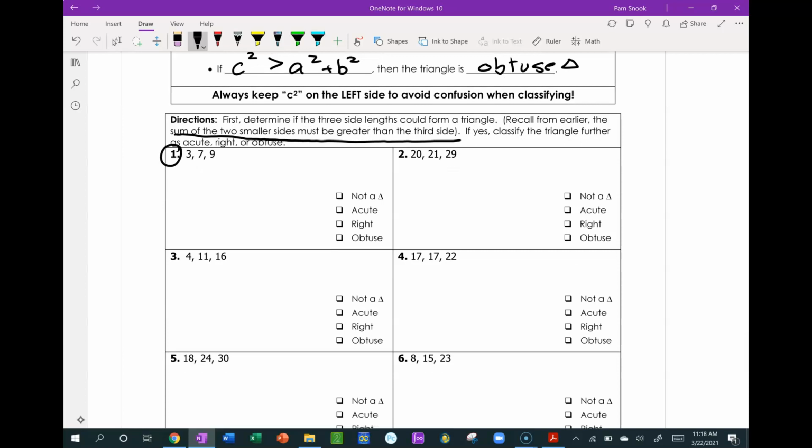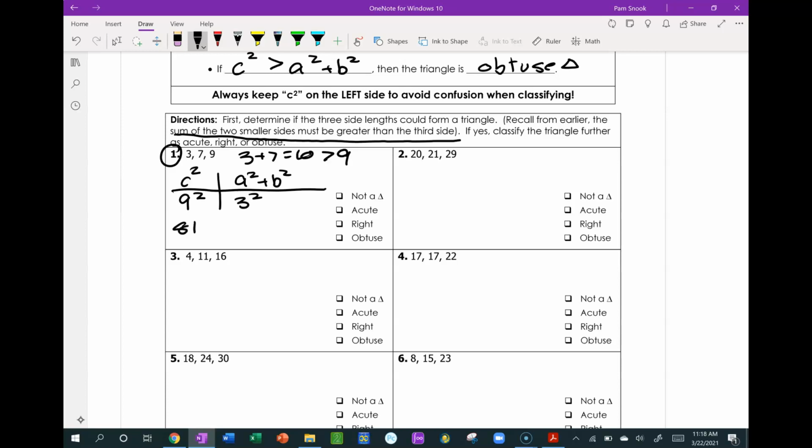Number 1, I have 3, 7, and 9 as my sides. 3 plus 7 equals 10. That's greater than 9, so I know I have a triangle. I'm okay to proceed. Now I'm going to do c squared over here, and I'm going to do a squared plus b squared over here. C squared is 9 squared. That equals 81.